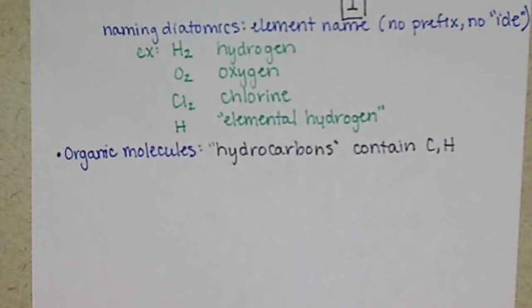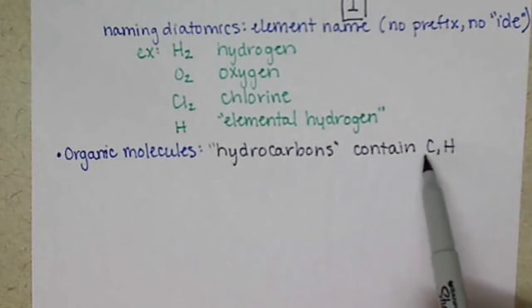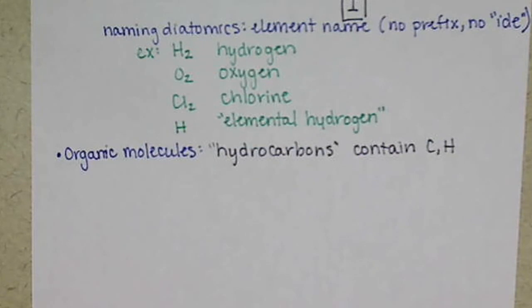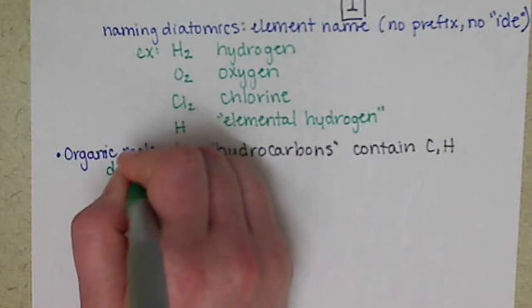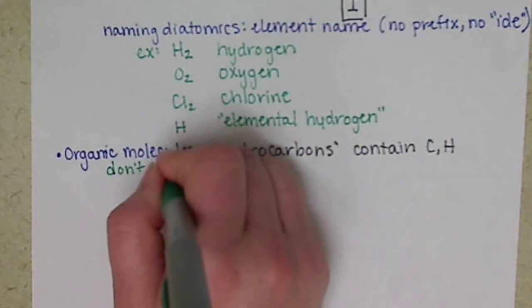They can usually contain other things, but in general they're always going to have carbon and hydrogen in there. We're not going to worry about naming. They get their own process of naming.